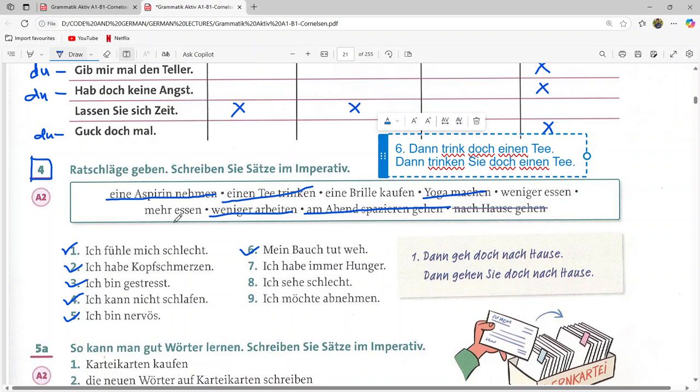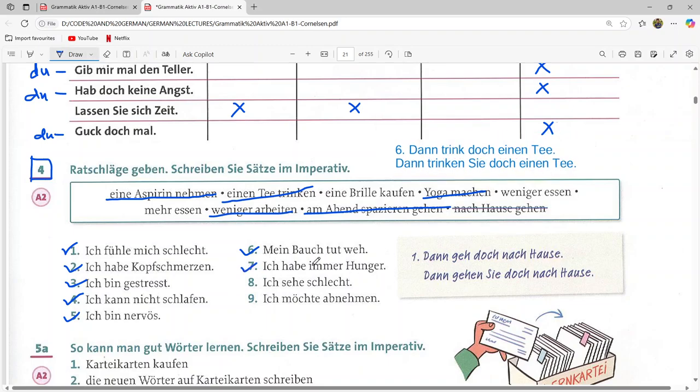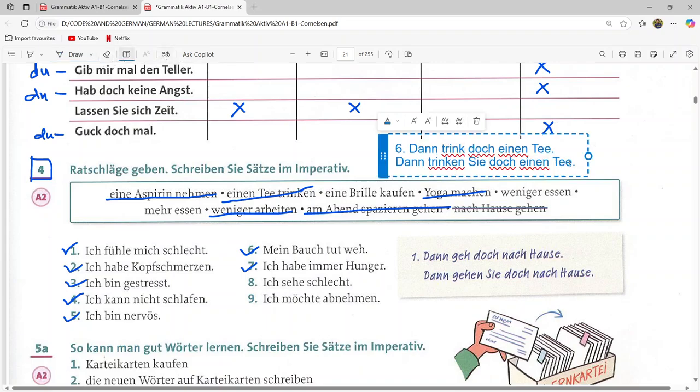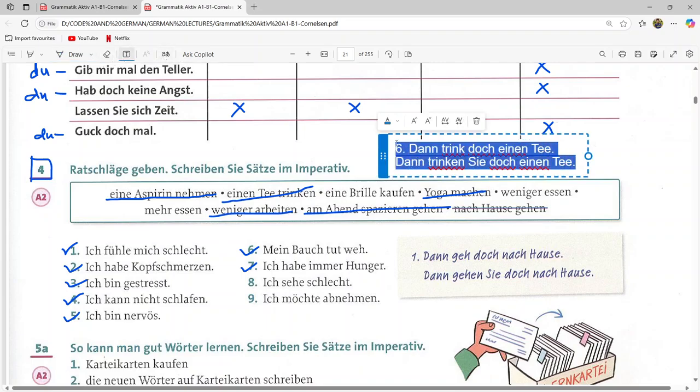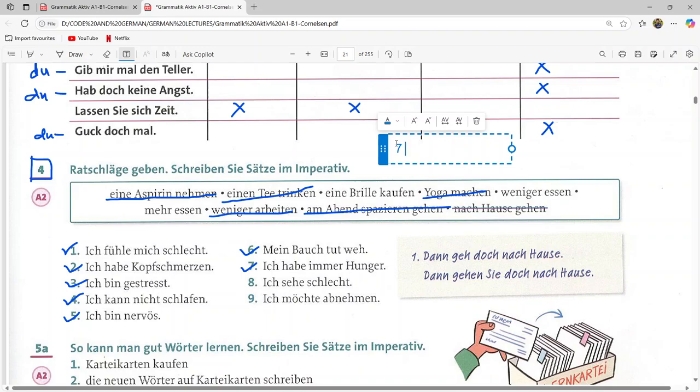Next one, "Ich habe immer Hunger." So someone is hungry. I can say that they should eat more, "mehr essen." So "dann".